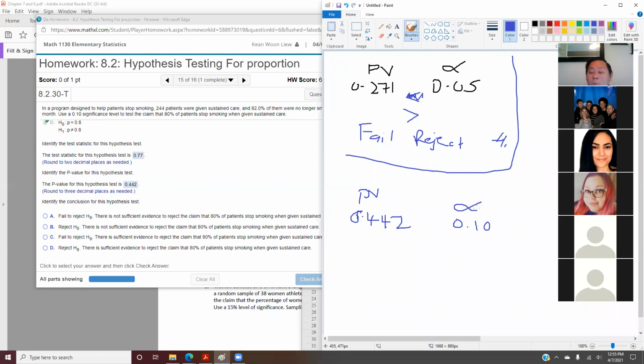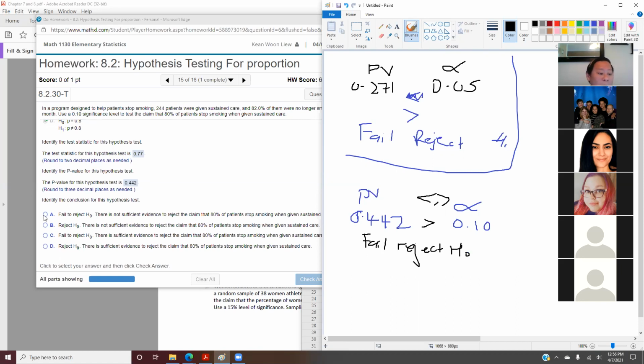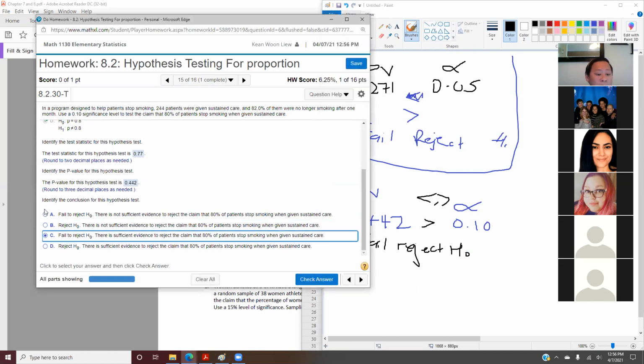This is your alpha. So what do you think? Is this p-value less than or greater than the alpha? Greater than. So if it's greater than, you will fail to reject. So this is your conclusion. This is your decision. Your answer is going to be fail to reject.